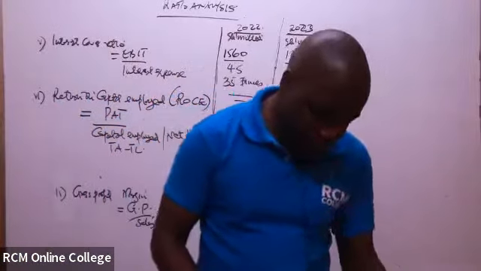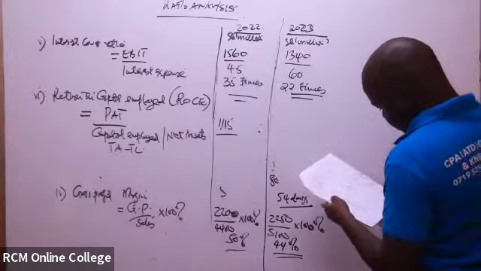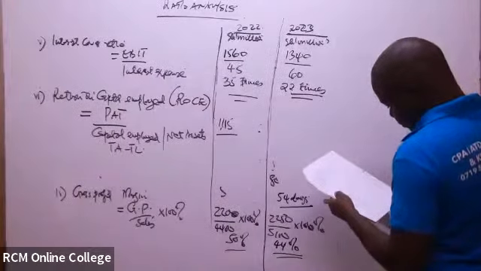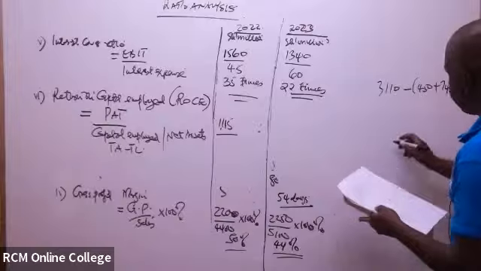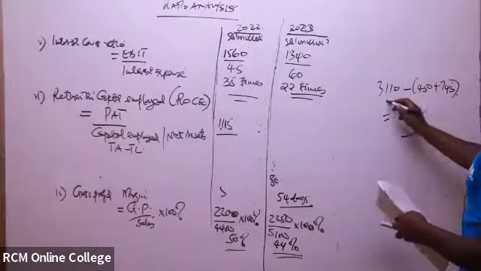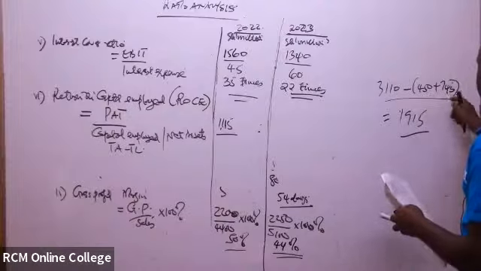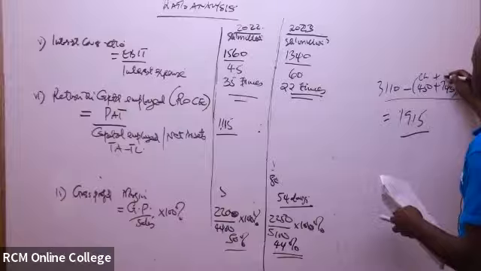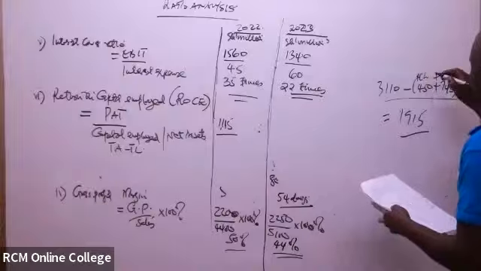You can do 31,110 minus 450 plus 745. Alternatively, you can take that figure of equity there, which is 1915, because if you do this one, you should get the same figure. 31,110 minus 450 minus the non-current liabilities and the current liabilities, the total liabilities.